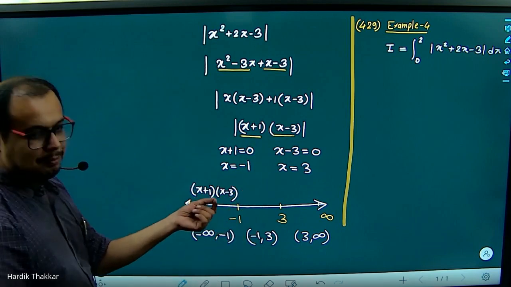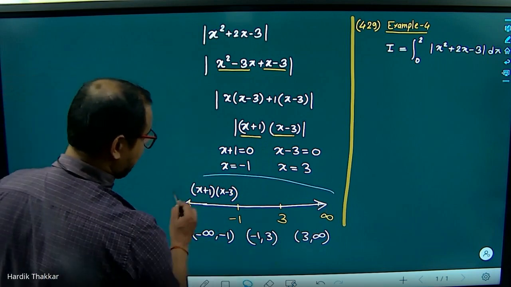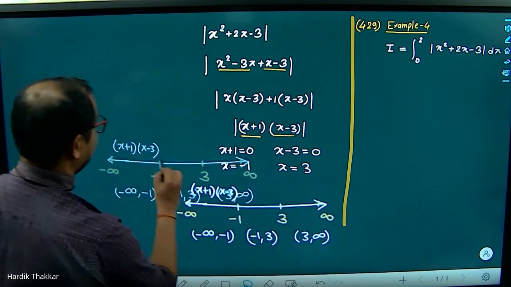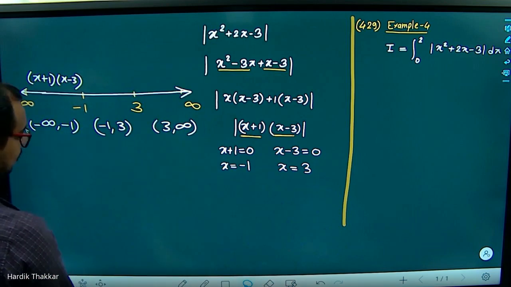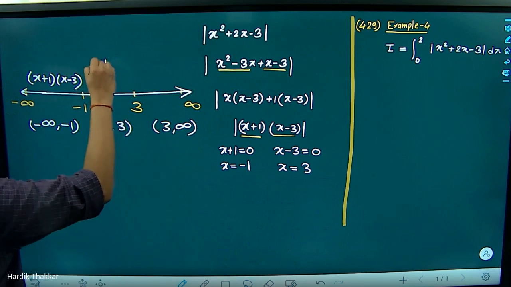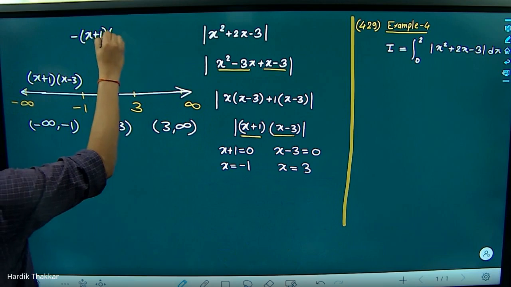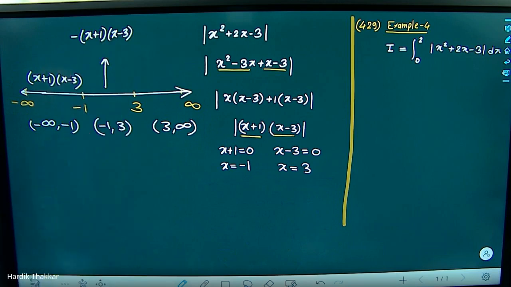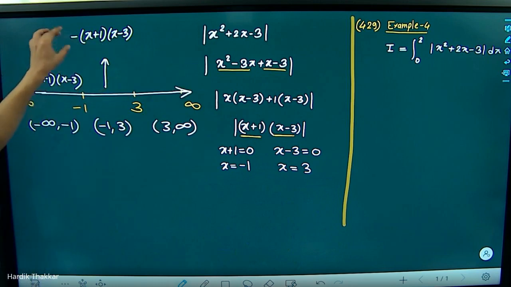We will multiply the function with a negative. Let me write this part right over here, because we don't have sufficient space. So for this part, the value of the function will be mod of minus of this, whatever is inside the modulus, multiplied with negative.